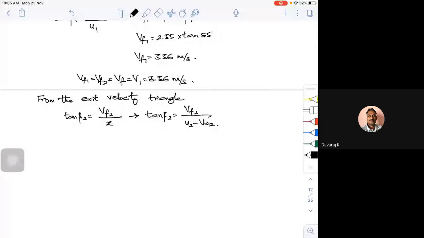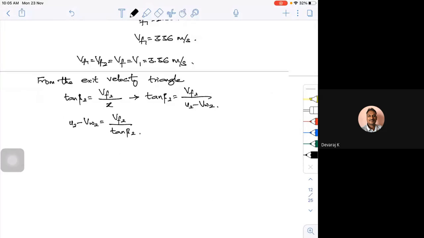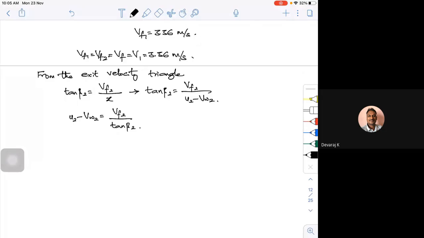With a little bit of cross multiplication, U2 minus Vw2 is equal to Vf2 divided by tan beta 2. Here I need to find only Vw2, so I will take Vw2 to the other side. So Vw2 is equal to U2 minus Vf2 divided by tan beta 2.